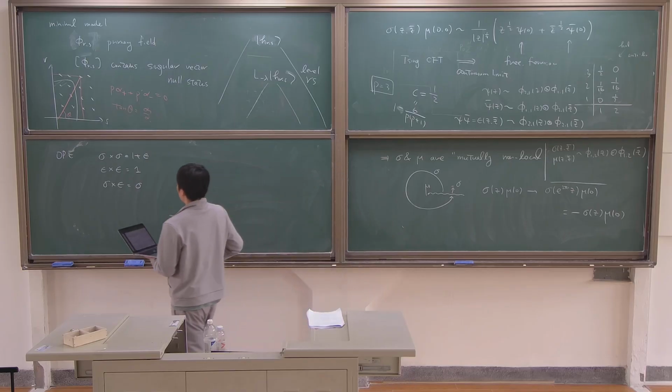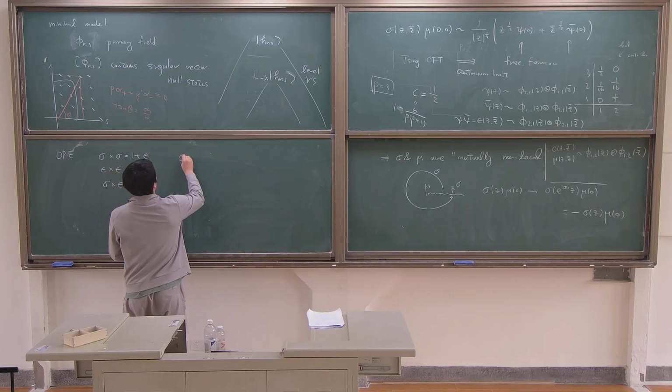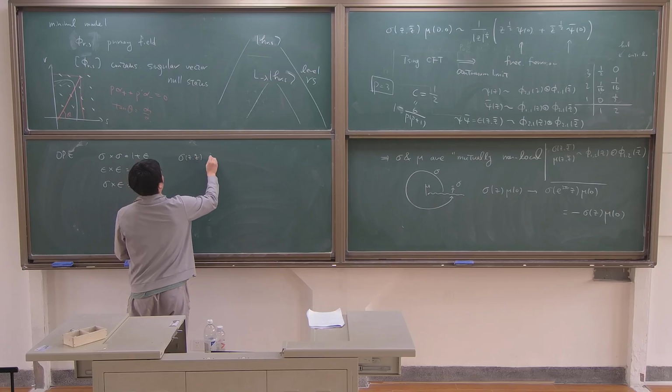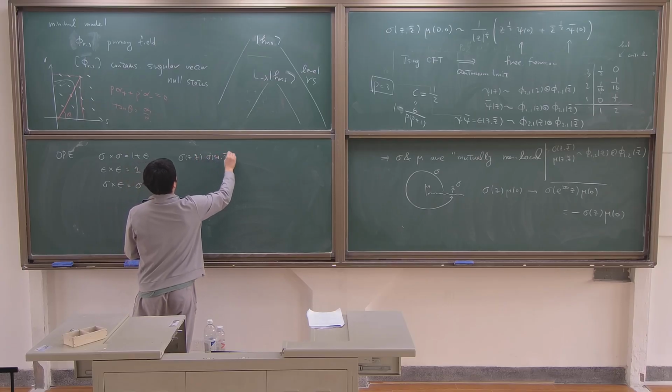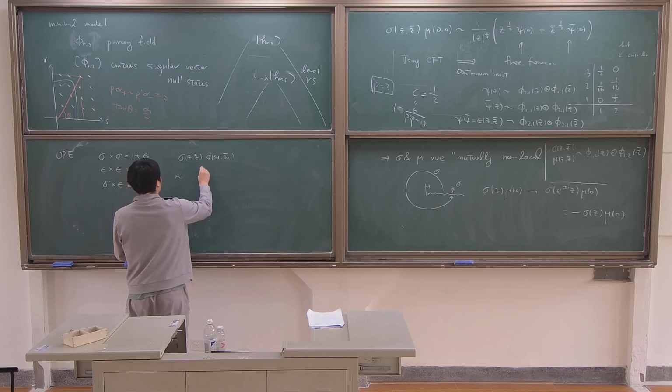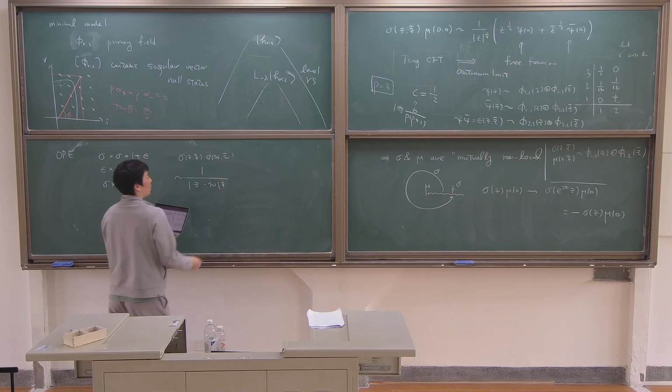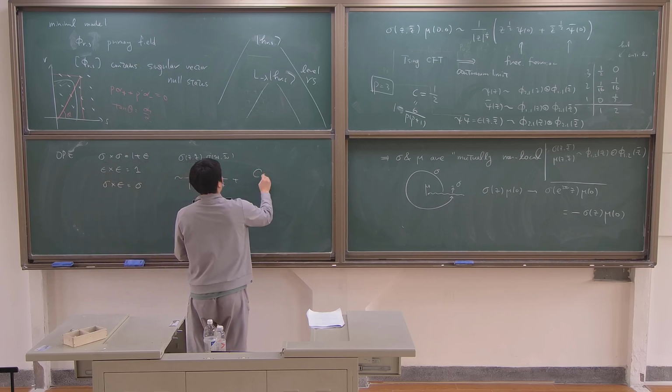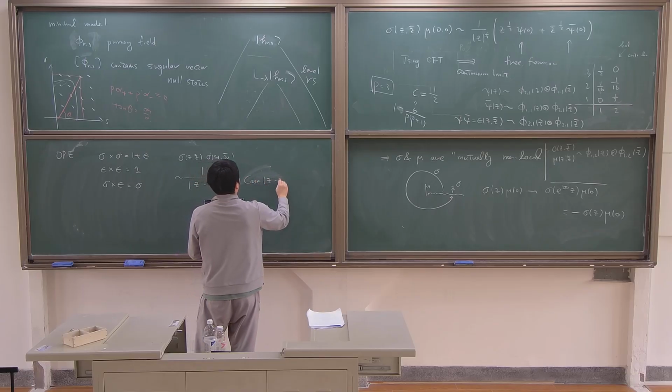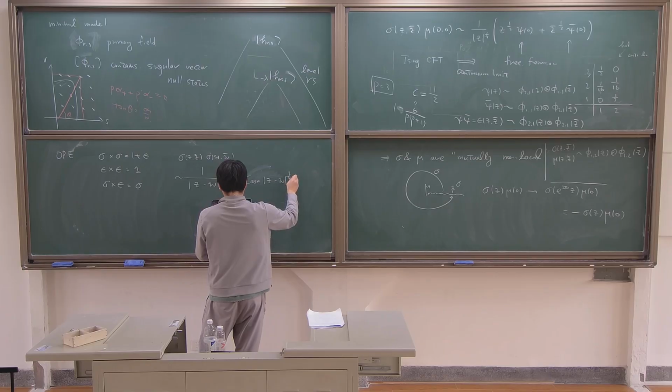For instance, if you write down sigma of z and sigma of w, the OPE is something like this. The leading term is, as we know, 1 over |z-w| to the 1/4, and then you have a term with sigma epsilon, to the 3/4, and epsilon of w.